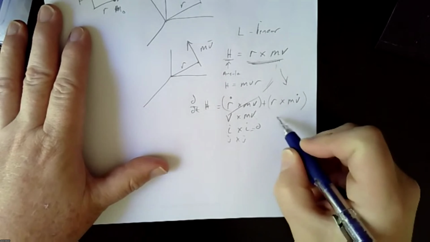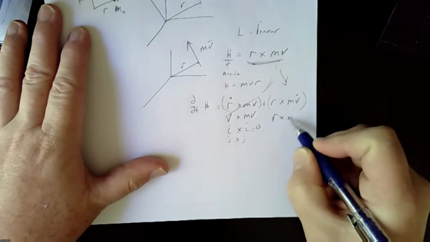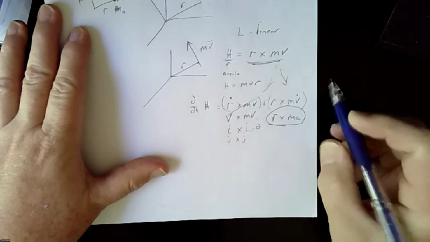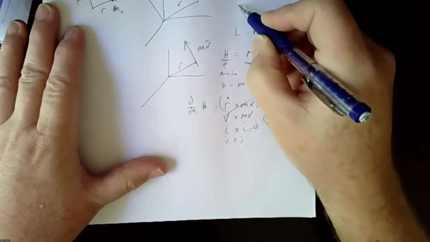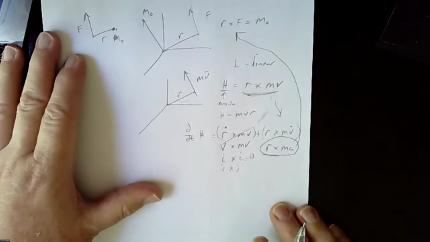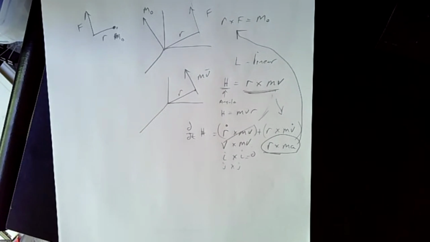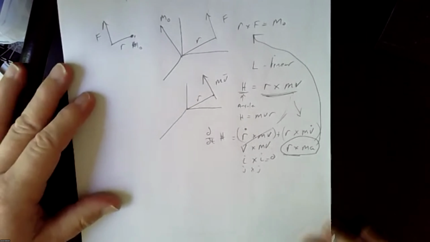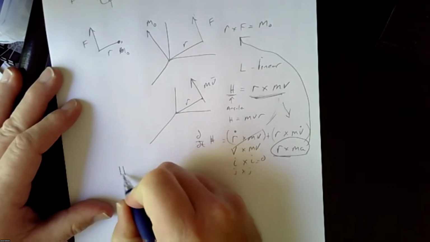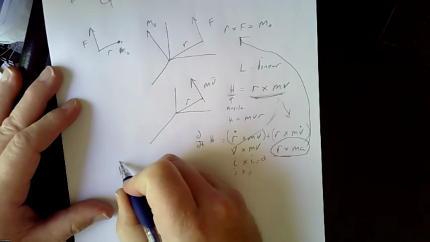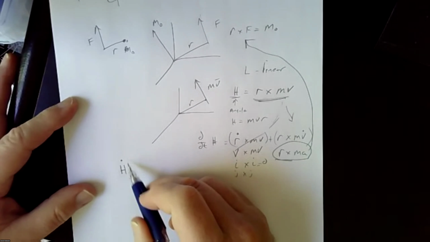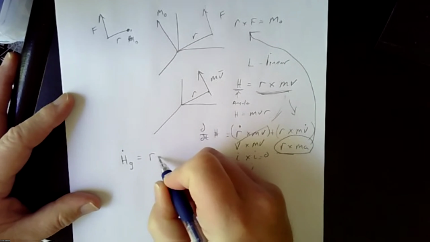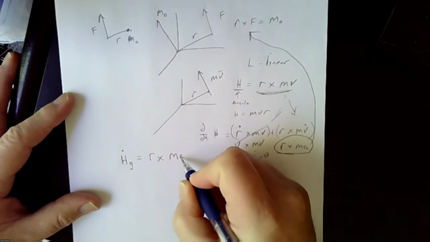And what we're left with is R cross m v dot. Well, what is that? That's R cross MA, because v dot is A. So what does that look like? Looks a lot like this up here, doesn't it? So effectively what we're saying is that we can say that the change in angular momentum about the center of gravity is simply equal to R cross MA.